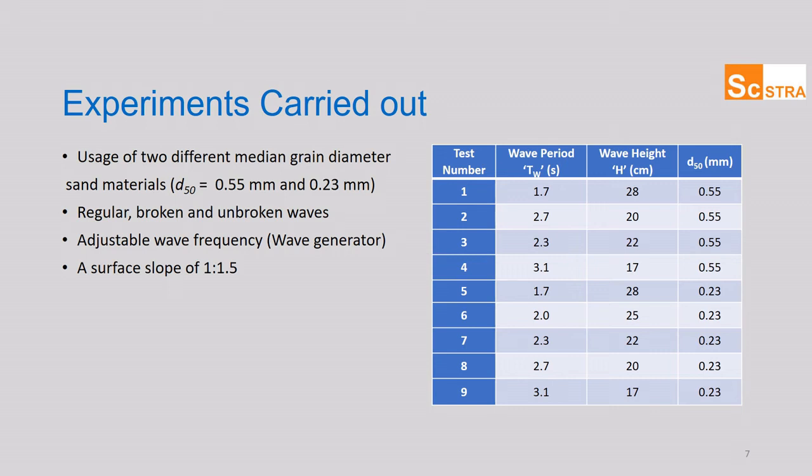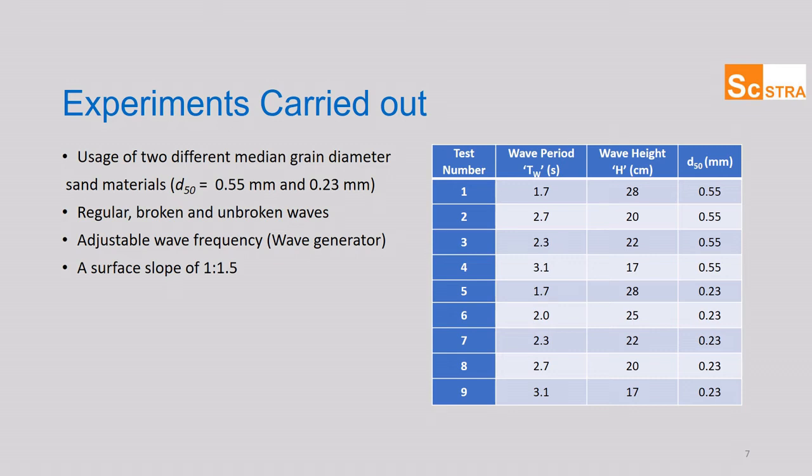Nine different tests were conducted with 4 different wave periods and 4 different wave heights with 2 different median grain sizes of bed material. Regular waves are used, and these experiments were conducted for both broken and unbroken waves.